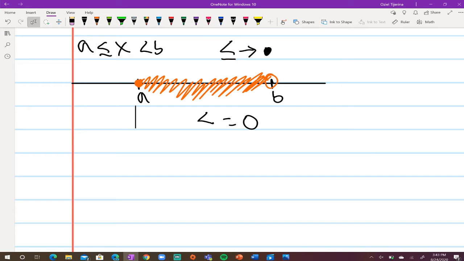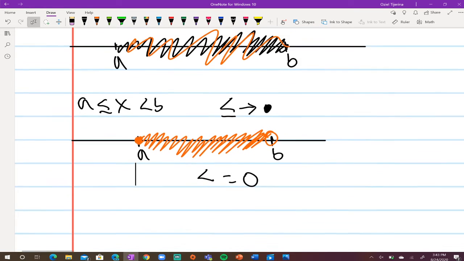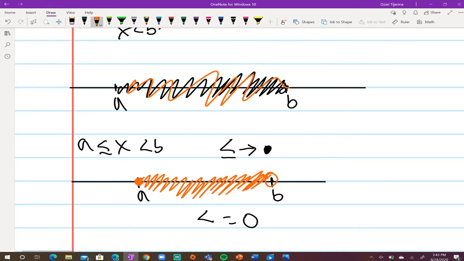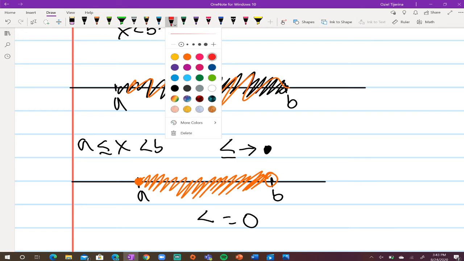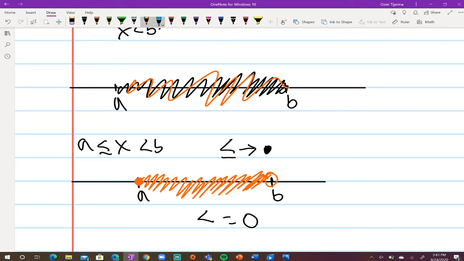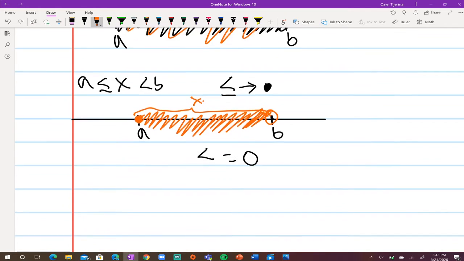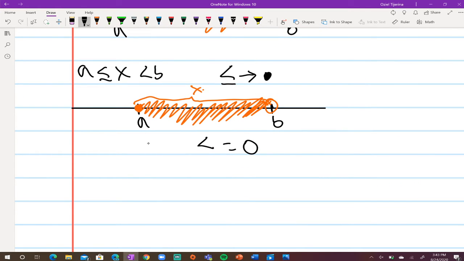Once you have these kinds of intervals, you just shade whatever is in between, whatever is X. This entire part here is X. And the reason why they put less than or equal to is because A is included in the interval.